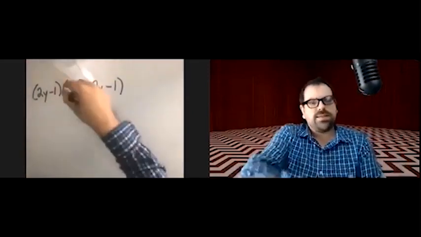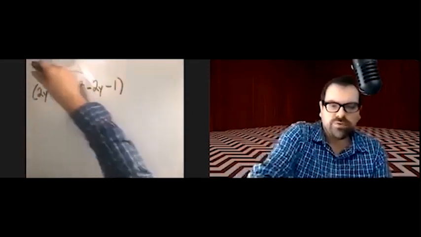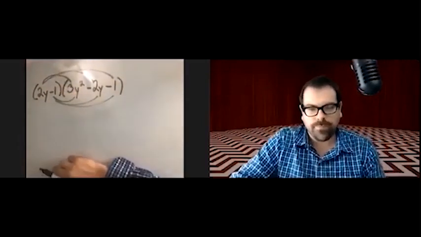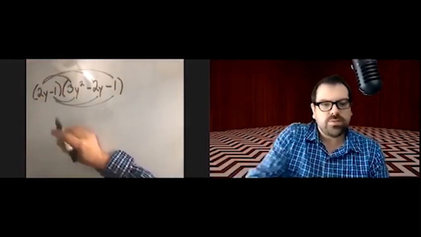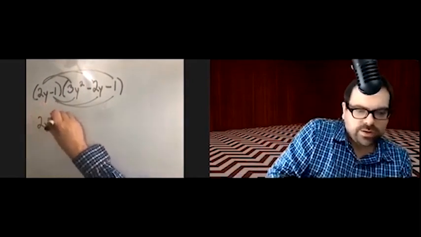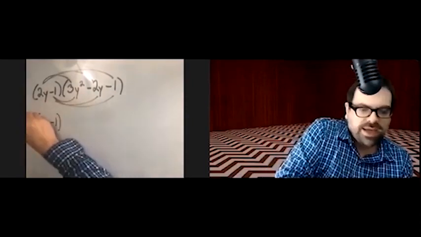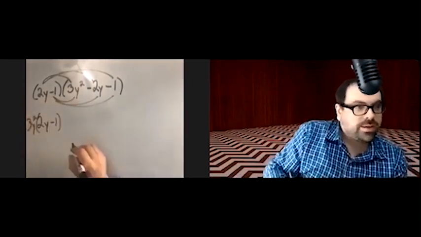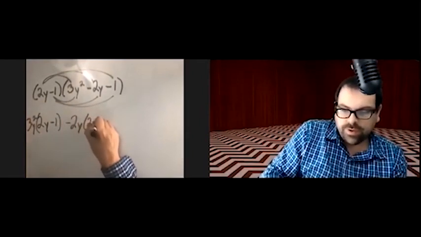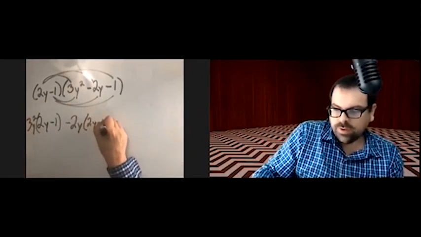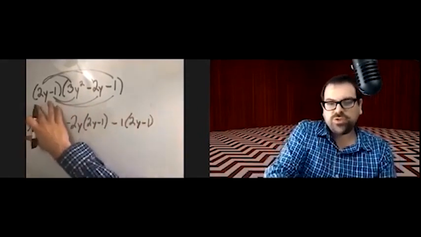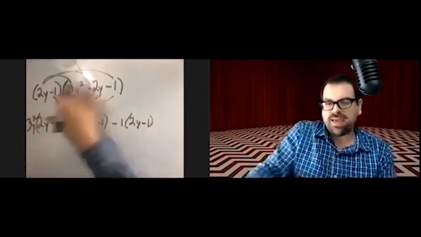So again, the reason that this double distribution even works is because it's like taking the entire 2y minus 1 and multiplying that by each of them.